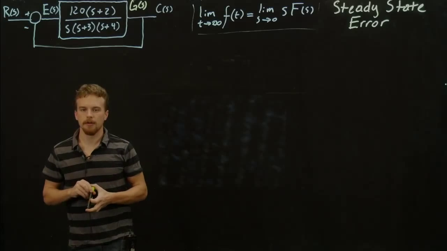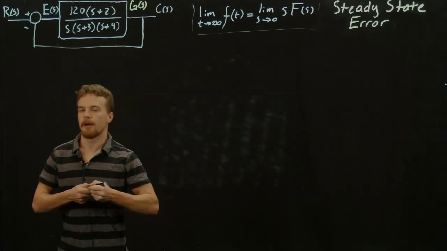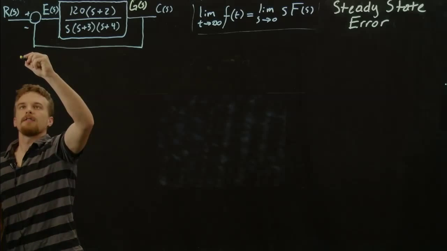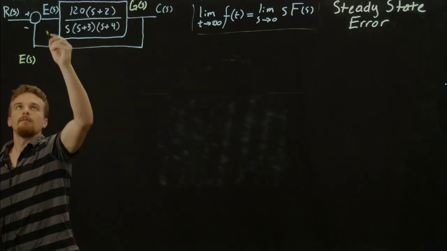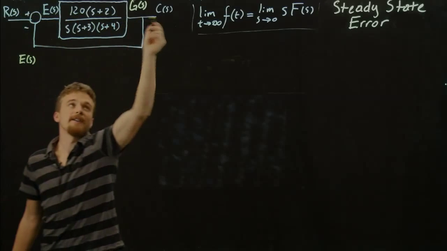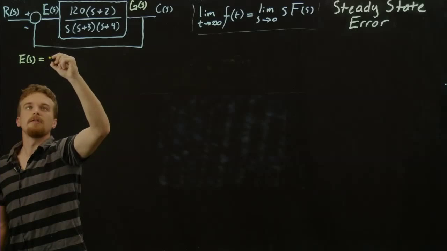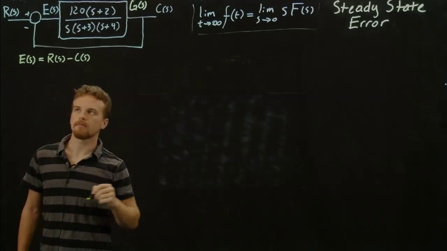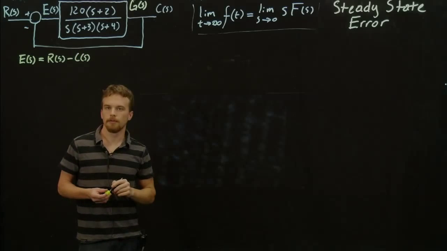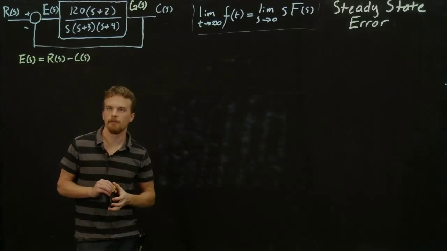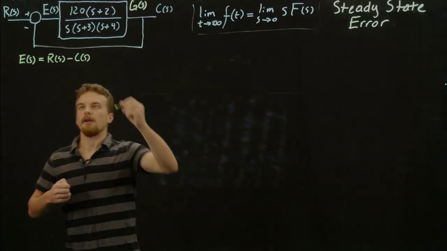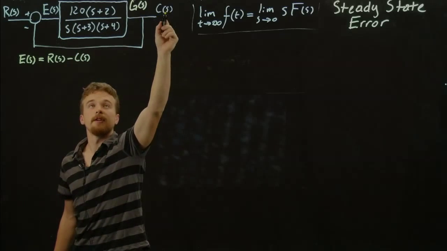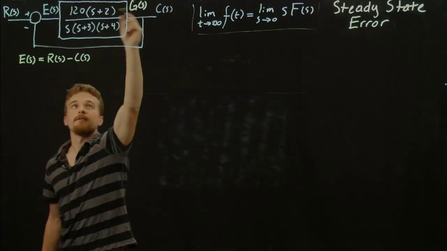Okay, so let's start doing some algebra and find what E of S is. E of S is equal to R of S minus C of S, right? Okay, so that's something, but we can further say that C of S is equal to E of S times G of S, right?